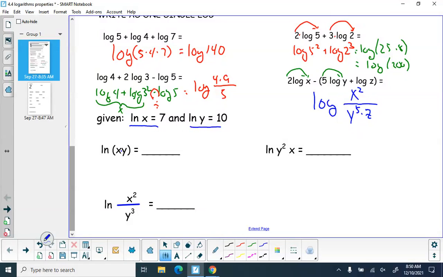I have x and y connected inside the logarithm. What we need to use is our properties to split these two out and give them their own separate logarithms. So if I have the ln of x times y, using our properties from up above, how can I split these two apart?